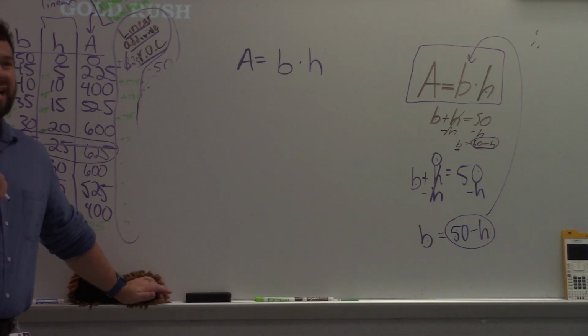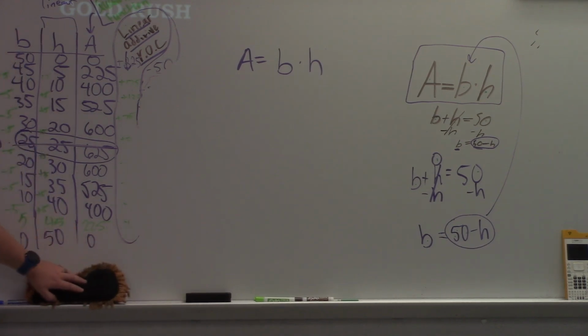Any ideas how I could show a relationship between the base and height? There's actually three different ways to go about this. Anyone know what kind of relationship there is between base and height?